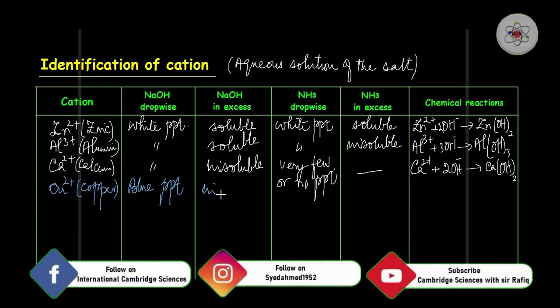And when we add in excess, it remains insoluble in excess of sodium hydroxide. And when we cross check with ammonia dropwise, it will give the same result, a blue precipitate, but in ammonia it is soluble to give a deep blue solution.